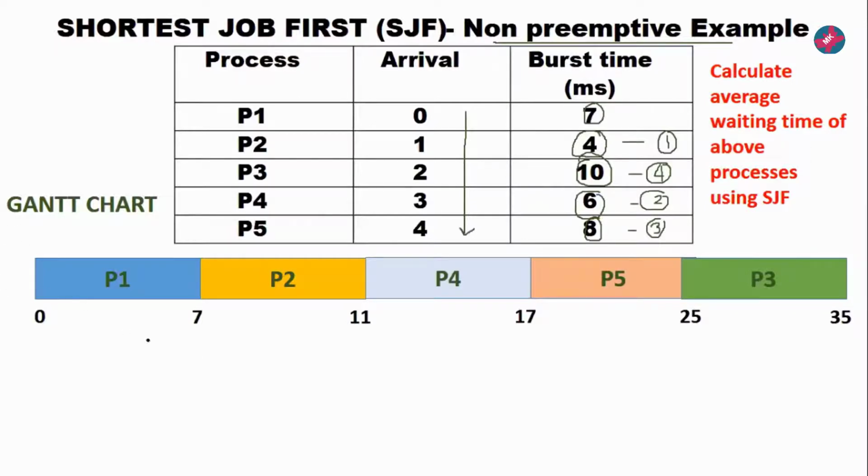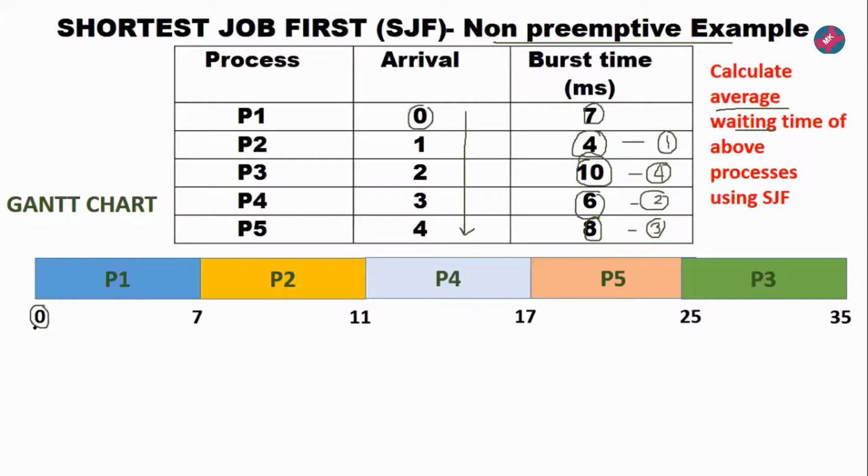Let us observe the waiting time, because here we have to calculate the average waiting time. We will calculate the waiting time for each process, and then take the average. Observe P1: it entered the system at 0 millisecond and as soon as it entered, it got the CPU.